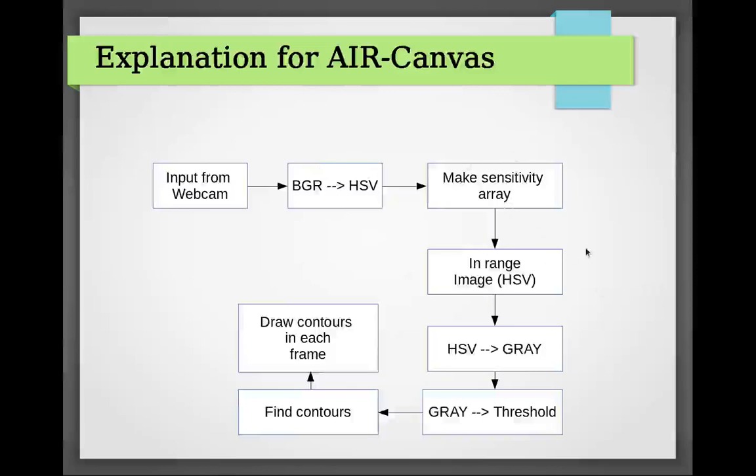For a certain color we need to make a certain array, which we call a sensitivity array, and we are extracting that region of interest from the HSV colored image. And after extracting the color, we will convert it into grayscale and threshold it for capturing the contours from that.